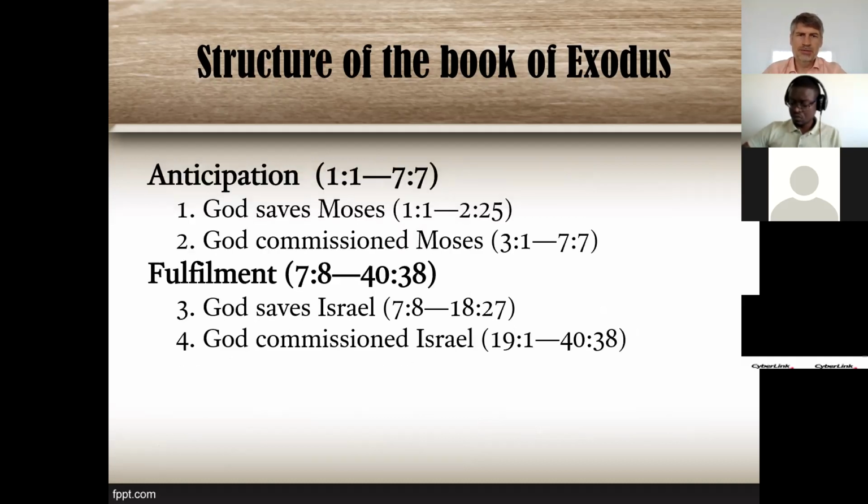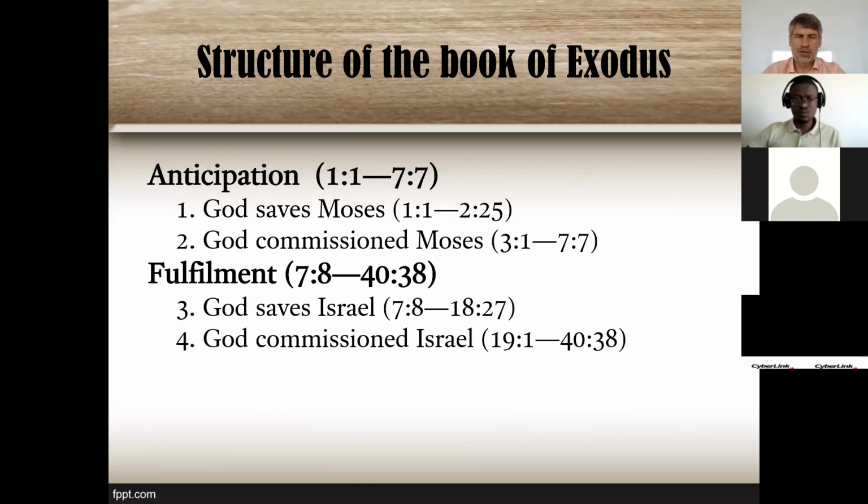Also, we can present the structure of the book as two parts, like anticipation of the salvation: God saves Moses, God commissioned Moses, and fulfillment: God saves Israel and God commissioned Israel. And already here we can see very interesting parallels. The life of Moses is parallel to the life of the entire nation.